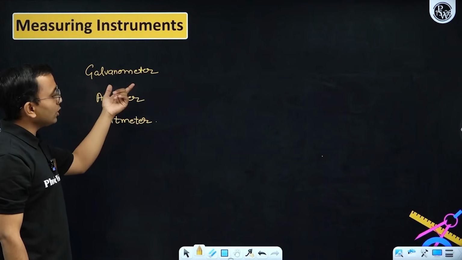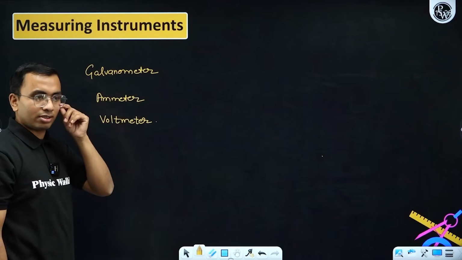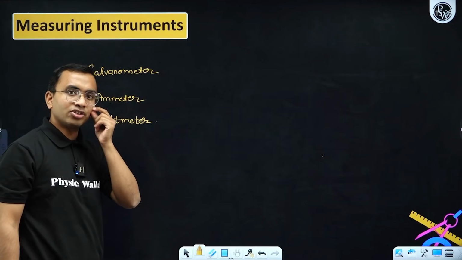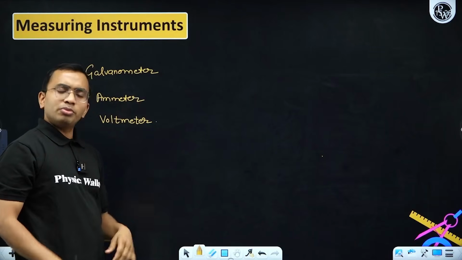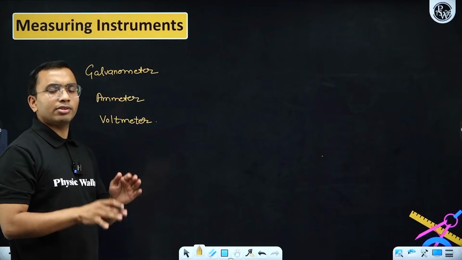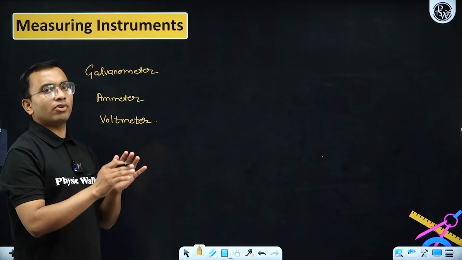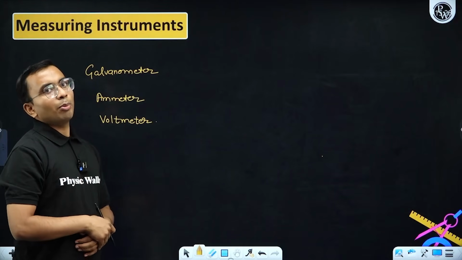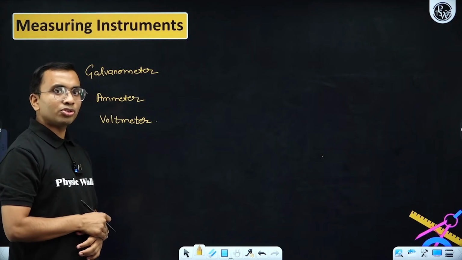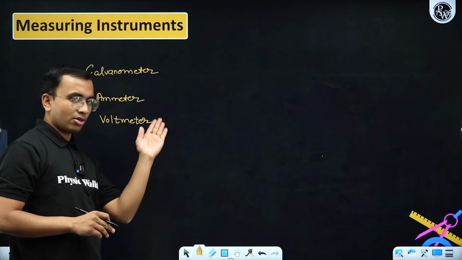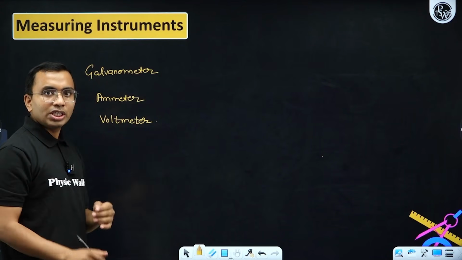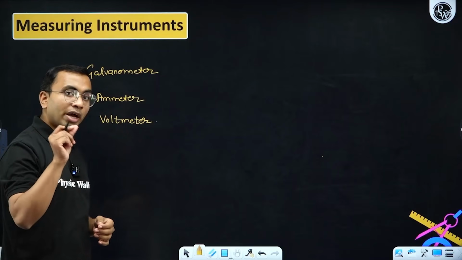Galvanometer is generally used for current detection. Now you may say, sir, current detection or current measurement? You may say measurement also, but specifically we use galvanometer for current detection, because galvanometer shows deflection in the meter even for currents of the order of microampere.